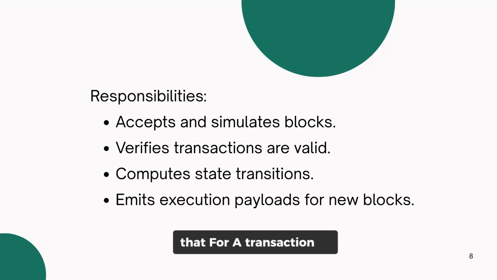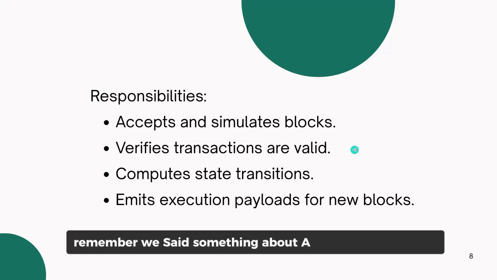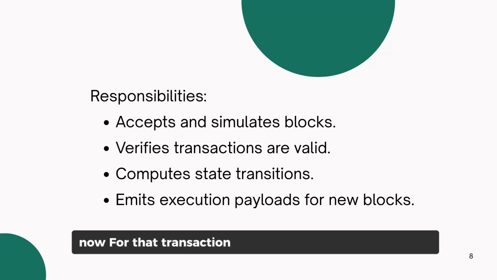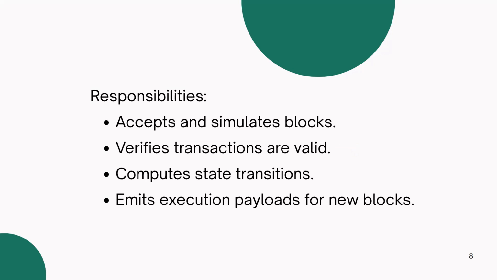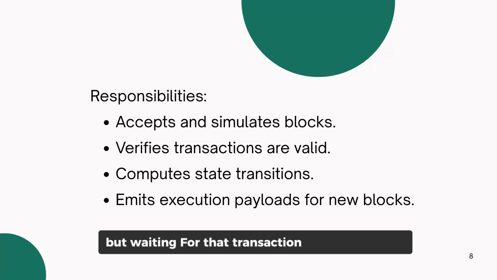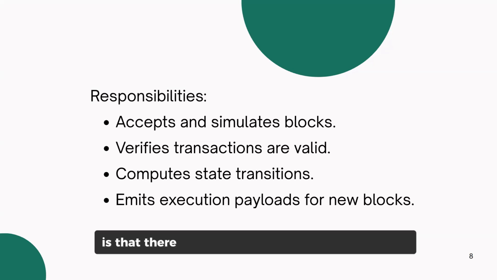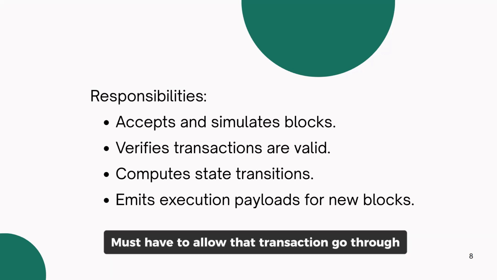Remember we said something about a pending transaction stored in the mempool. For that transaction to show you that it is sent but waiting, there are certain criteria that the execution layer must check to allow that transaction to go through.